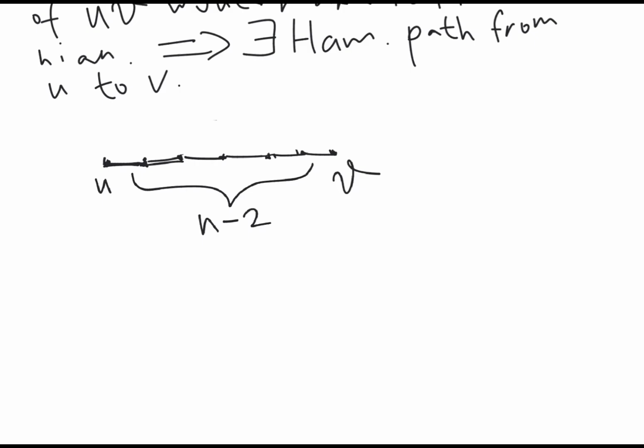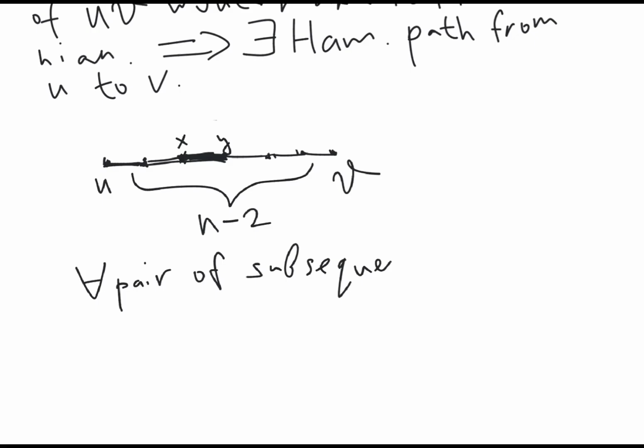Now we notice that for any pair of subsequent vertices on this path, let's denote them x and y.